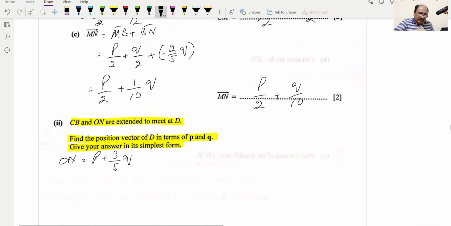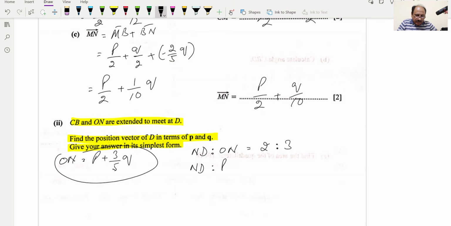So ND ratio ON is equal to 2:3, and the value of ON is P plus 3 by 5 Q.